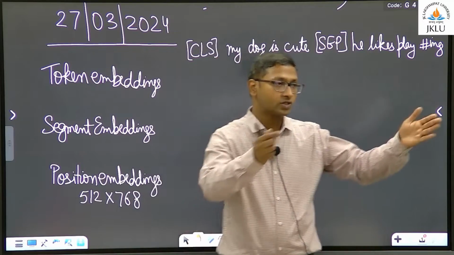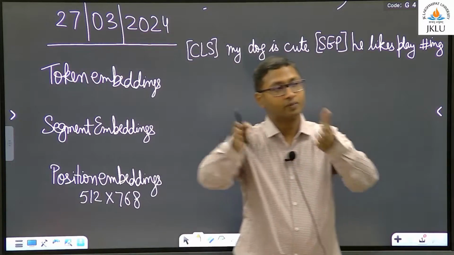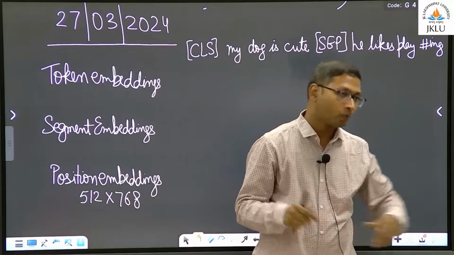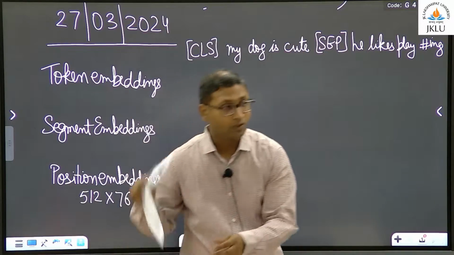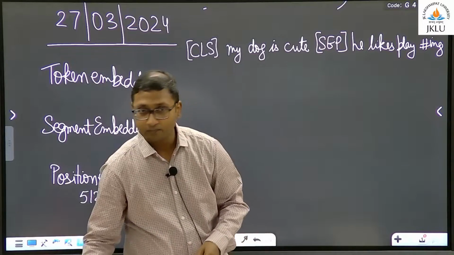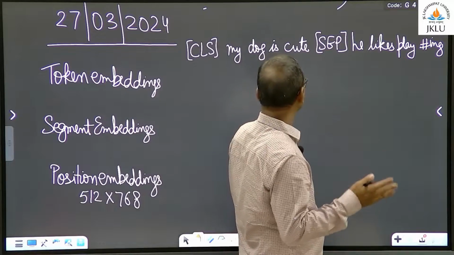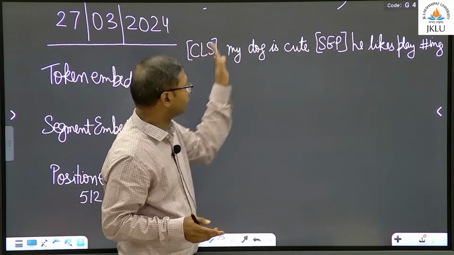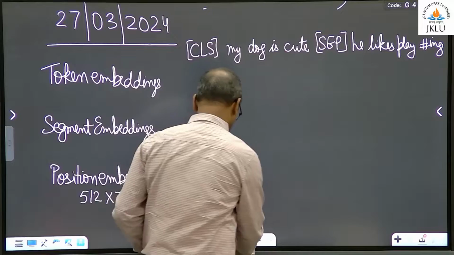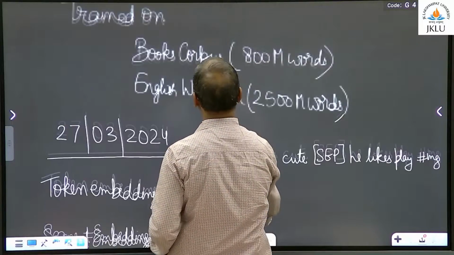You want to say this chunk of sentence is different from this chunk of sentence. Nobody stops you from having more than one SEP, as they have in the paper itself. But in general, what I have seen most of the time is it starts with CLS, then you have your sentence 1. Remember, we had drawn this earlier too.